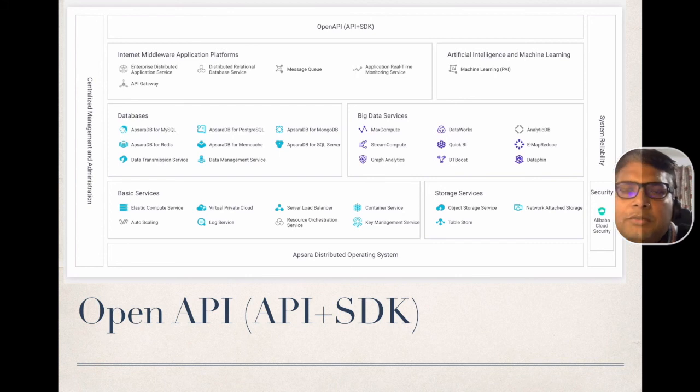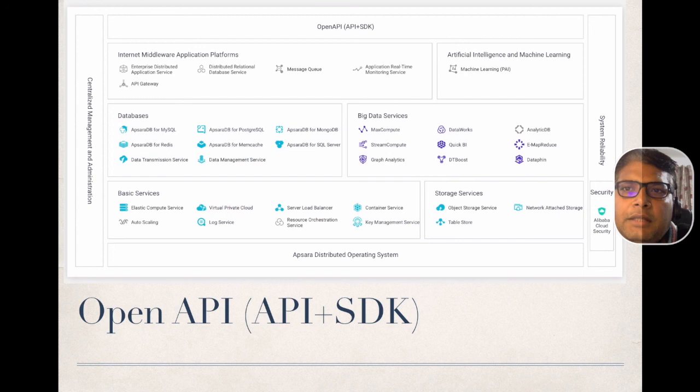Open API is obviously a platform extended on Swagger, and Open API is the front end platform for Alibaba. If you see from the Apsara Stack, anything that you need to play with on the Alibaba Cloud platform, you can do it with the Open API.